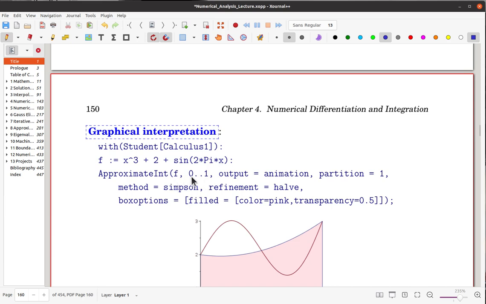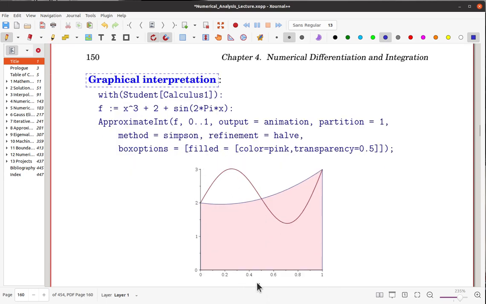So 0 will be x0, and 1 will be x2, and x1 must be 0.5, the midpoint, so that we have the left endpoint, the midpoint, and the right endpoint.